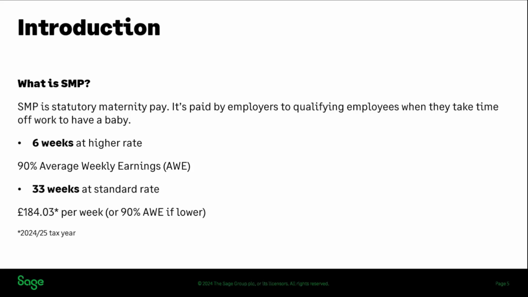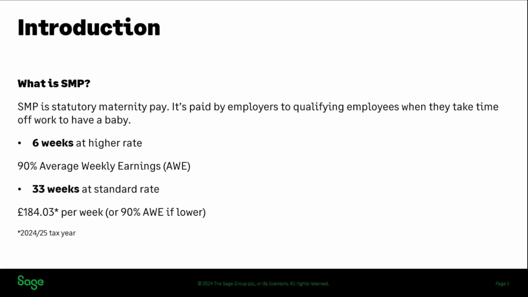You have 6 weeks at the higher rate, which is the equivalent of 90% of your employee's average weekly earnings, followed by 33 weeks at the standard rate, which is for the new tax year, 2024 to 25, £184.03 per week, or 90% of average weekly earnings if that's lower. So this will all be calculated automatically once it's been set up in the software.